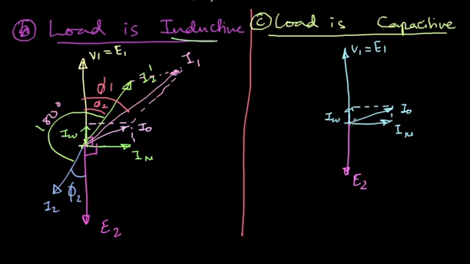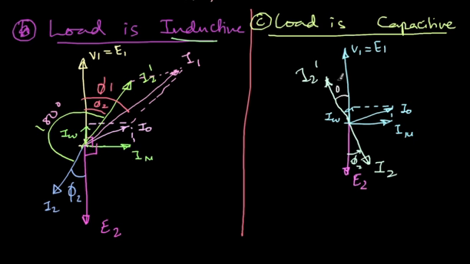Now I2 will be leading E2 by phi 2. So it will be this side. And then exactly 180 degrees opposite to that, I'll have this, I2 dash. So the magnitude we can find out.